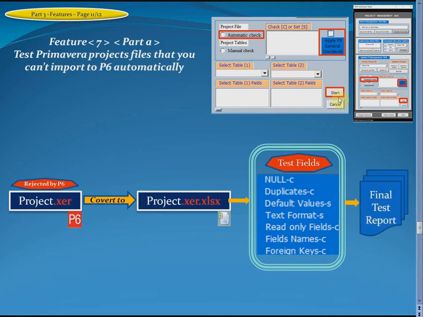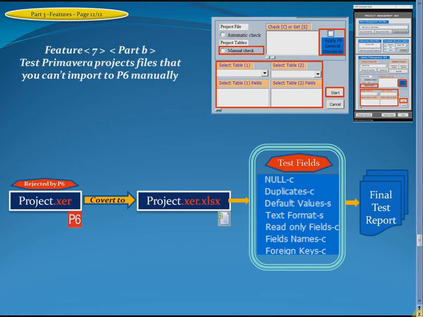For the automatic check, use this option, and use this option to apply the Primavera rules and then start to test the file. In the manual check, use this option, and you need to select the tables and the columns by yourself instead of doing that by the XER Magic tool.